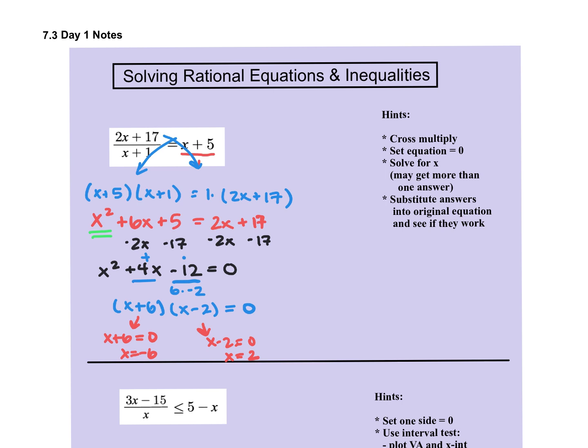It's always a good idea to check your answers by plugging them back into the original statement. So I'm going to go ahead and do that with both of these potential solutions before I decide if they actually are solutions or not. So first I'm going to plug in negative 6.